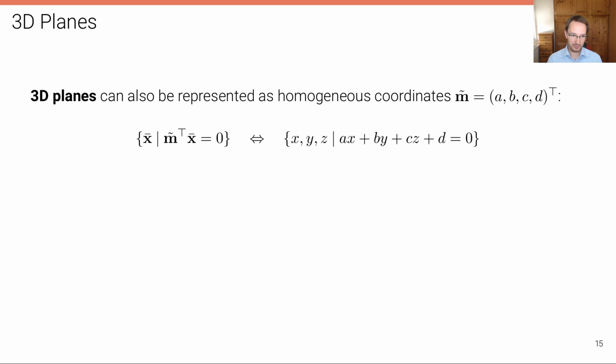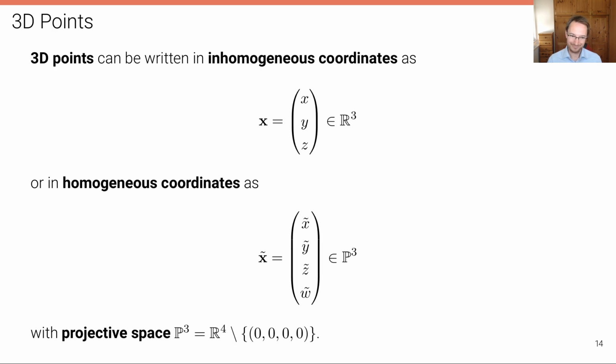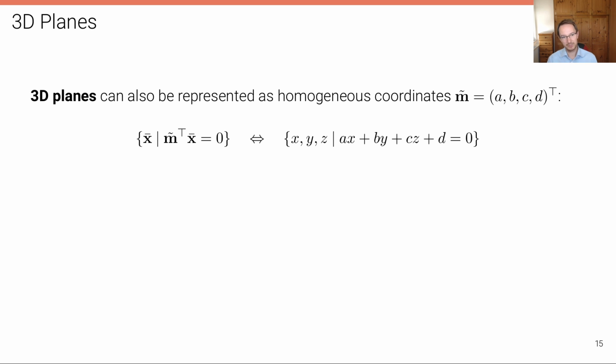Similar to before, all homogeneous vectors that are related by scale are in the same equivalence class, and we can convert between homogeneous and inhomogeneous vectors in the same way as before. For instance, we can go from a homogeneous vector to an inhomogeneous one by dividing by w tilde. We can also represent 3D planes as homogeneous coordinates, where now the plane is represented by a homogeneous vector m tilde, a, b, c, d, where we have this expression ax plus by plus cz plus d equals 0.